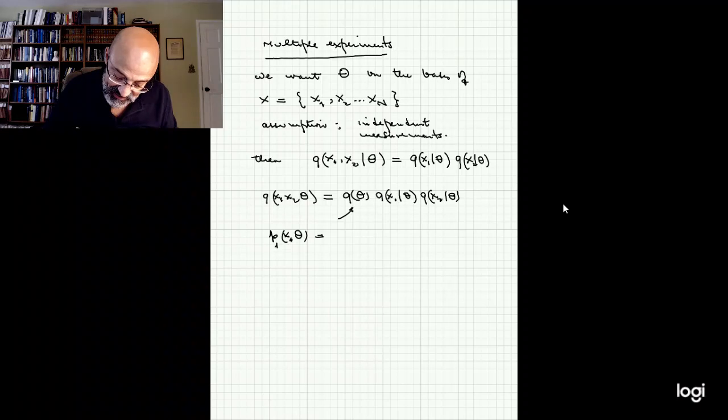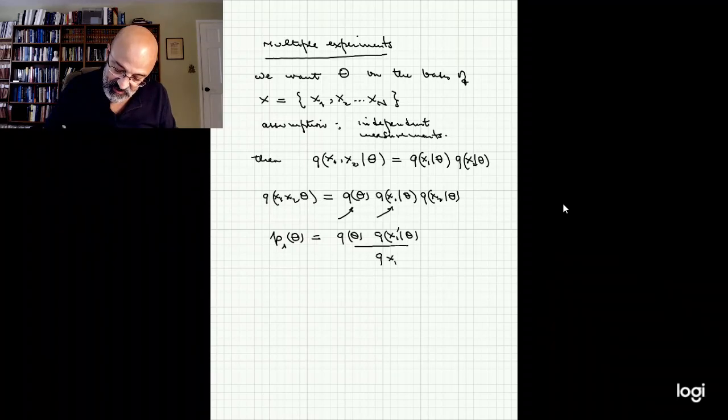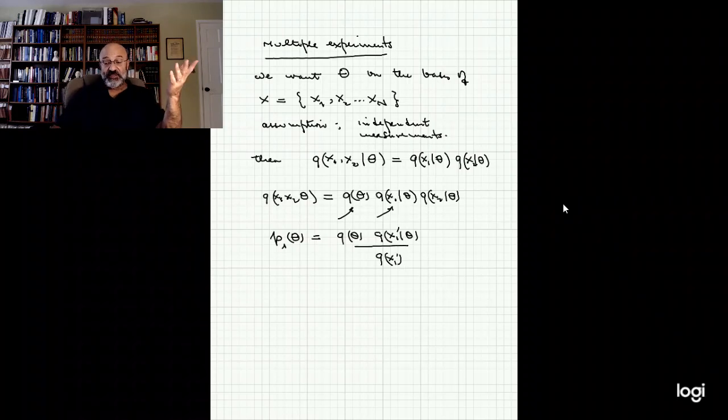Let me just go directly for the updated P. After you collect x1, then this is going to be something like this: prior, x1 prime, that's the value you collected, and then maybe you have q x1 prime. So this is one possibility.